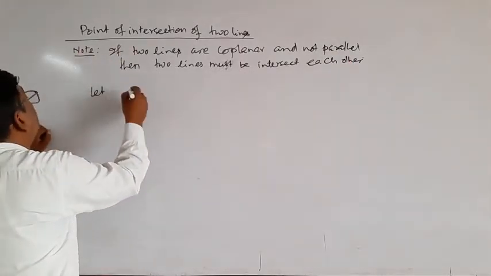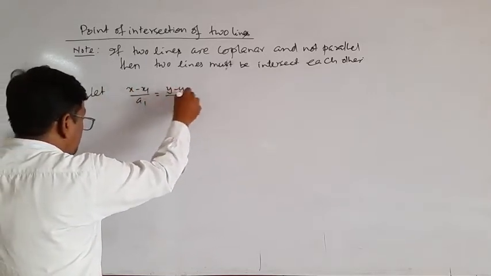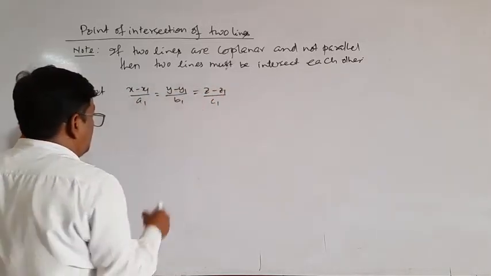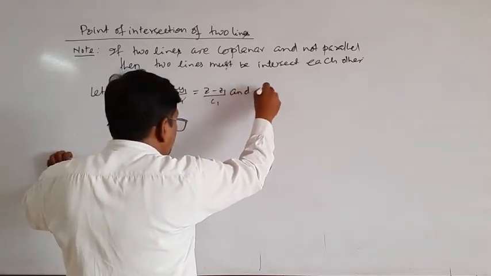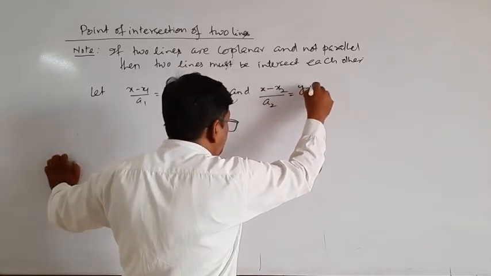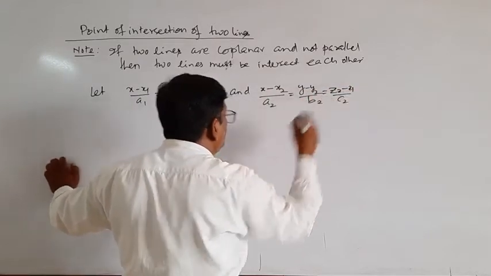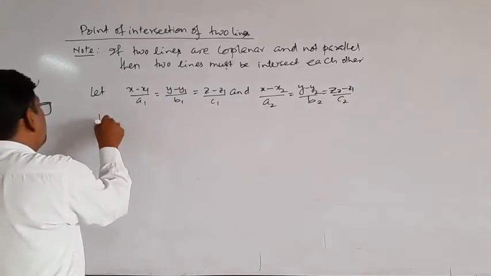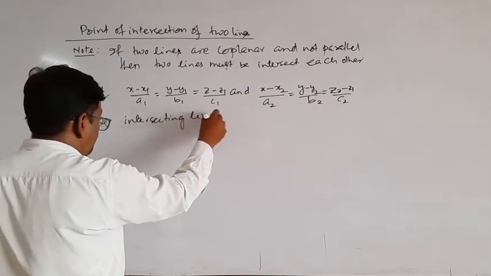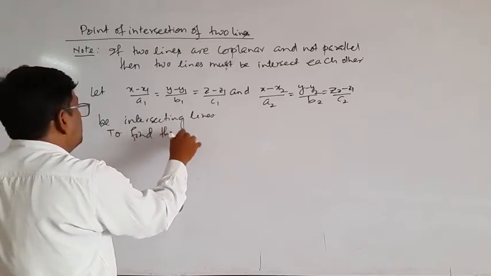Let the lines be x minus x1 by a1 equal to y minus y1 by b1 equal to z minus z1 by c1, and x minus x2 by a2 equal to y minus y2 by b2 equal to z minus z2 by c2, two intersecting lines.